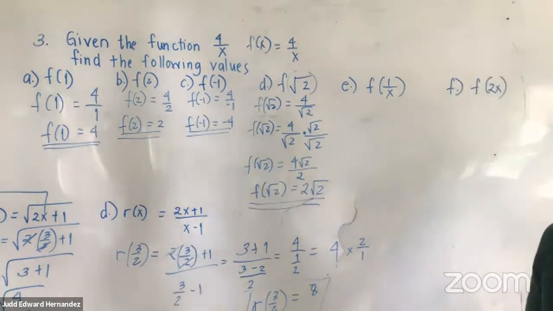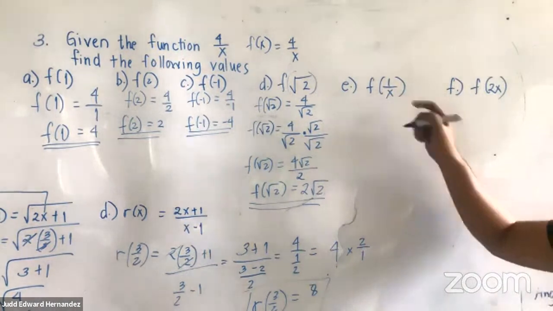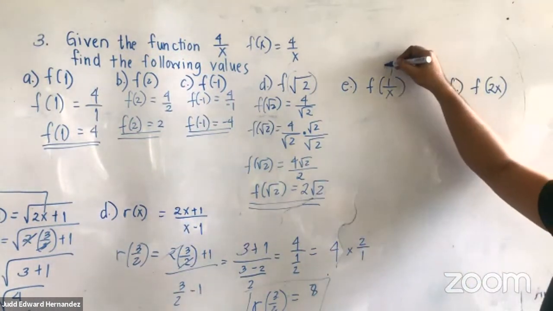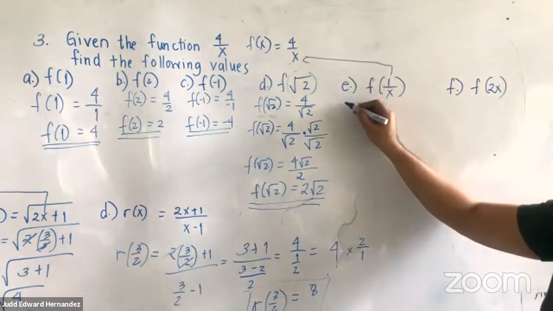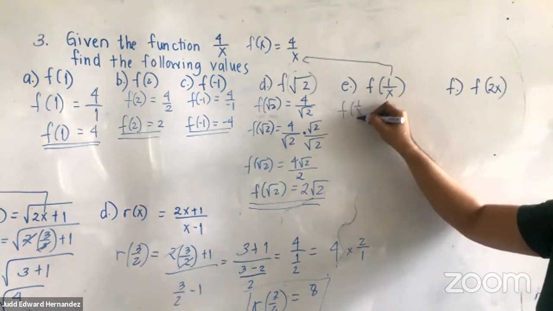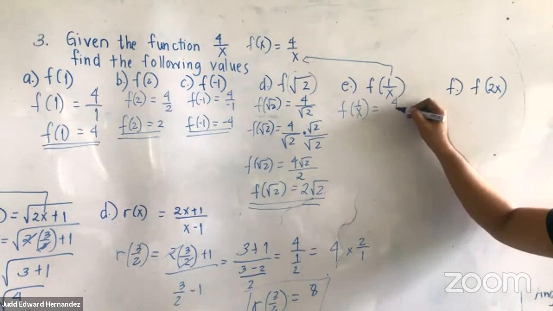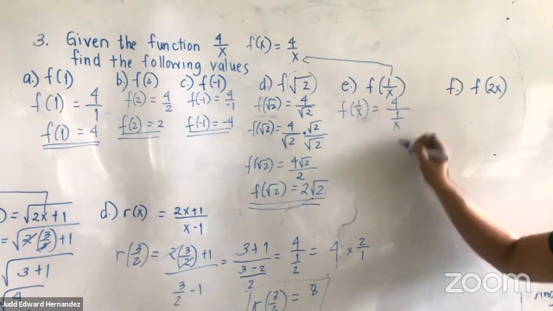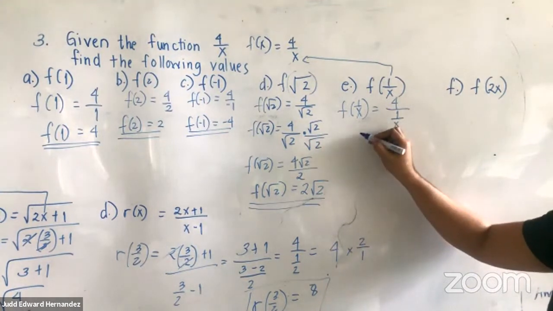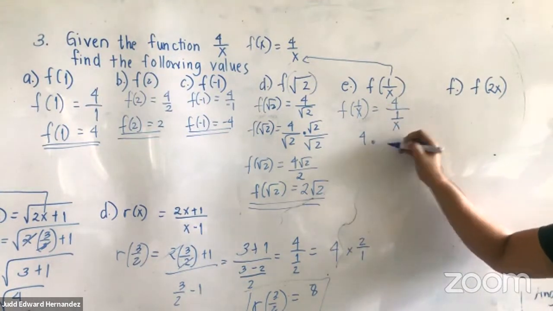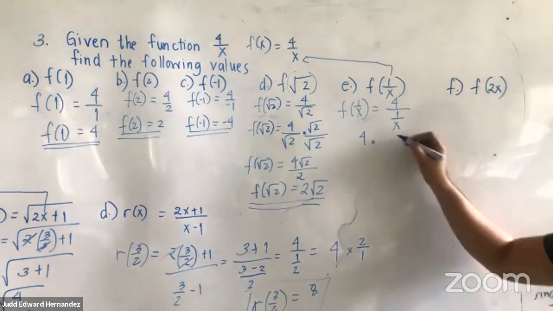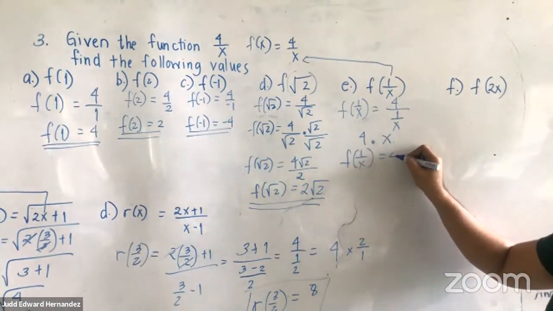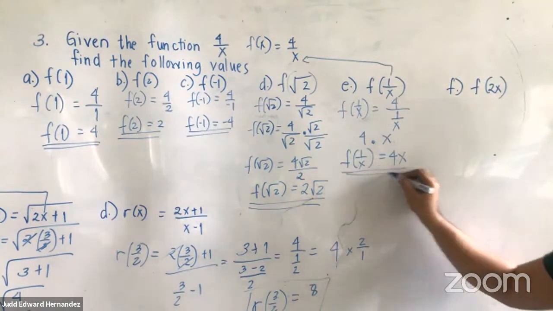And for the second to the last one, we're asked to find f of 1 over x. Therefore, we need to replace the value of x by 1 over x. f of 1 over x is just equal to 4 over what is x? That is 1 over x. Simplifying, this is equal to 4 times the reciprocal of 1 over x, which is x. Therefore, f of 1 over x is equal to 4x.